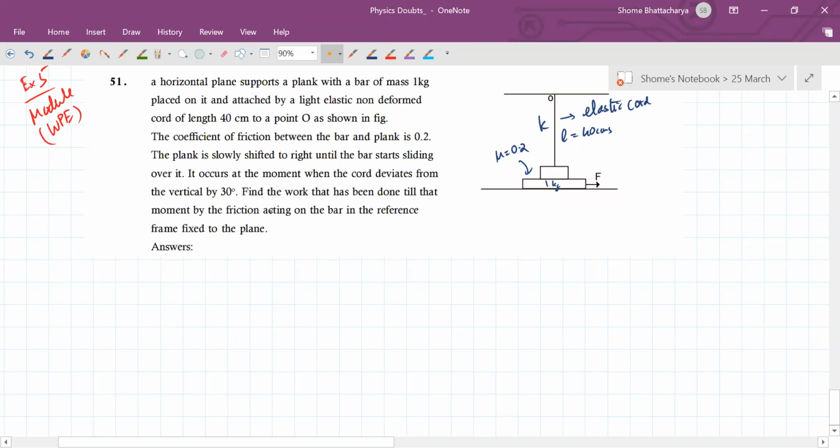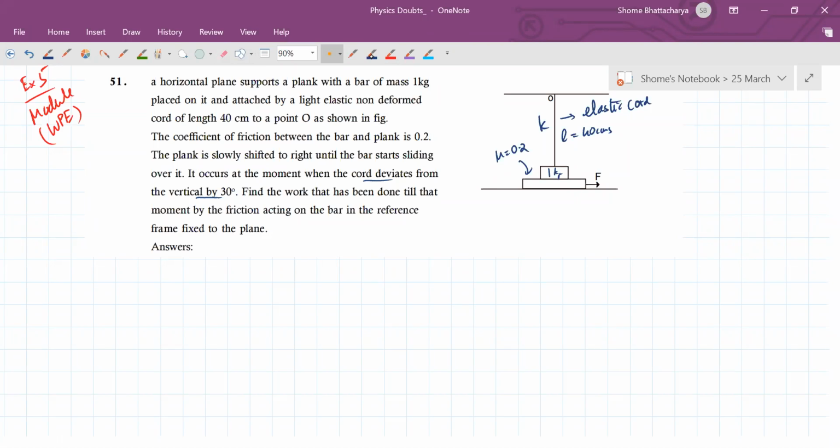Okay, so the slipping starts at a particular time. Sorry, the bar is of 1 kg mass, not the plank. So slipping starts when the vertical cord deviates by 30 degrees.